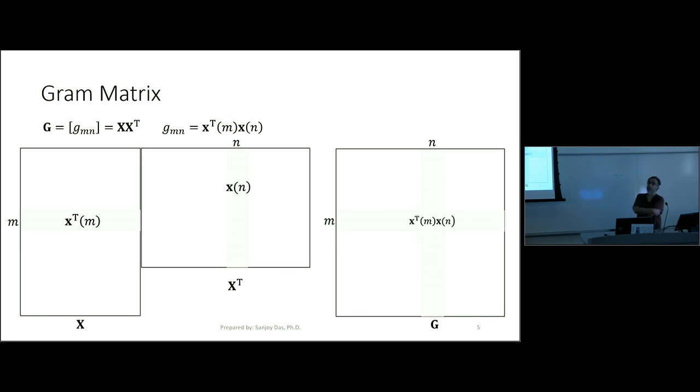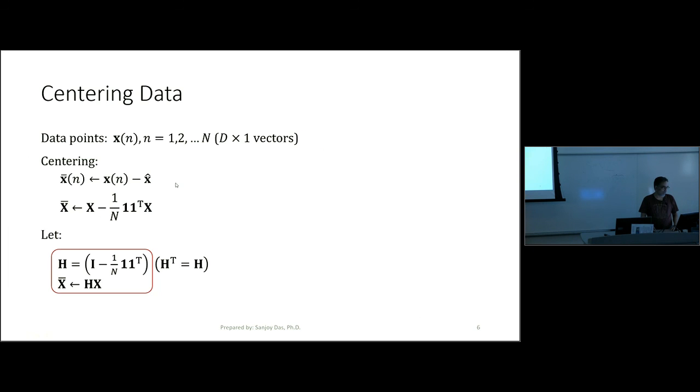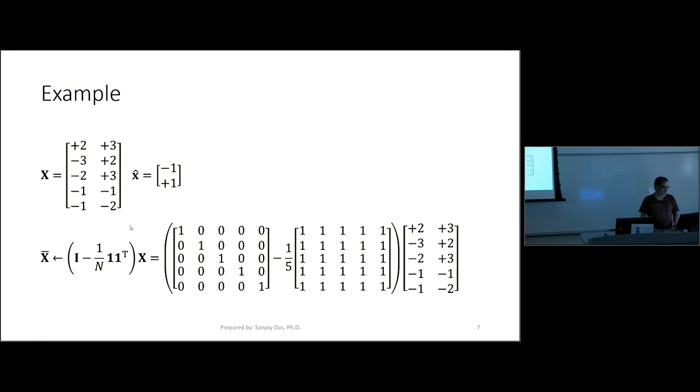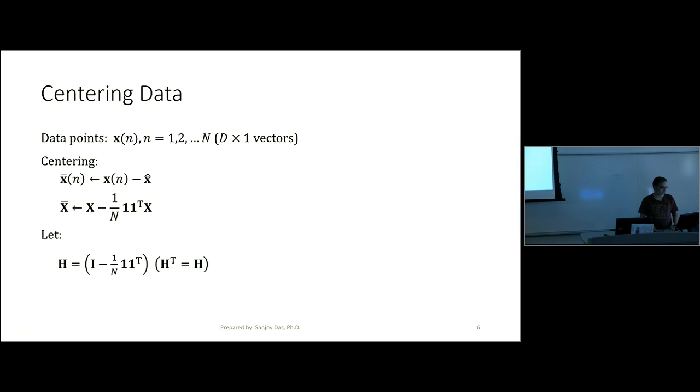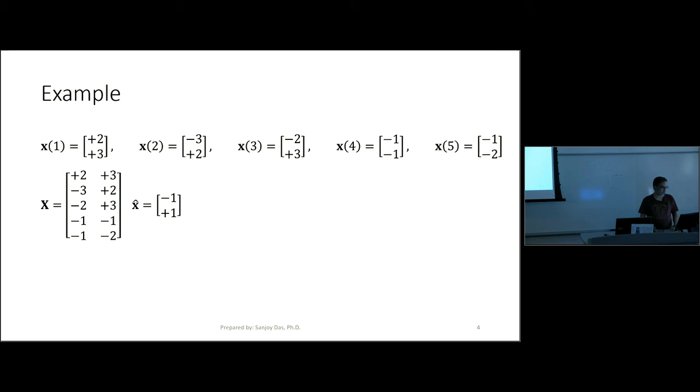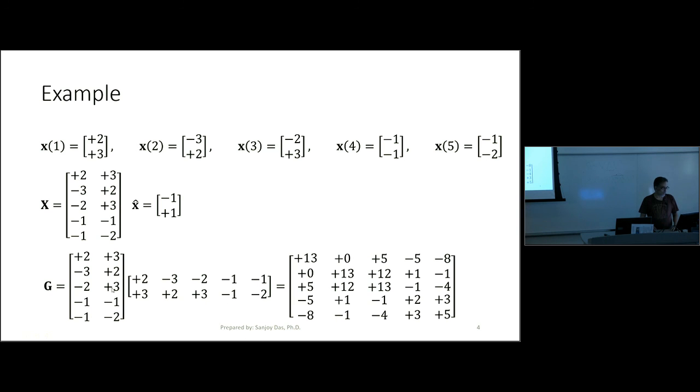If the dimensionality of each sample point is low, then what will happen? Like in my example, I have 5 samples, but the dimensionality is only 2.